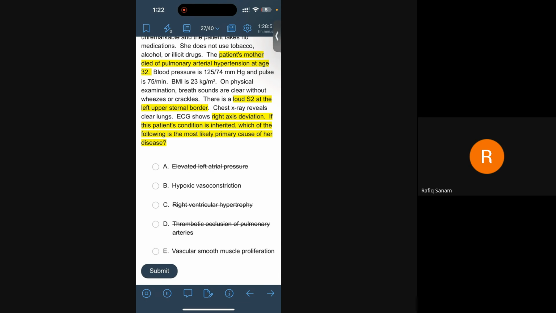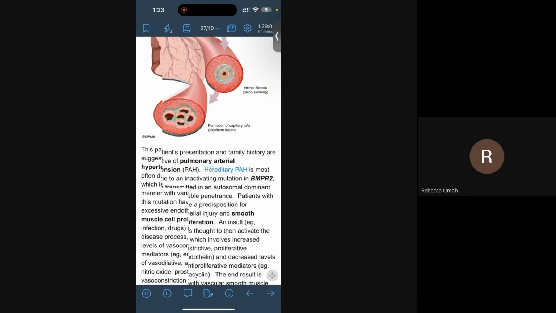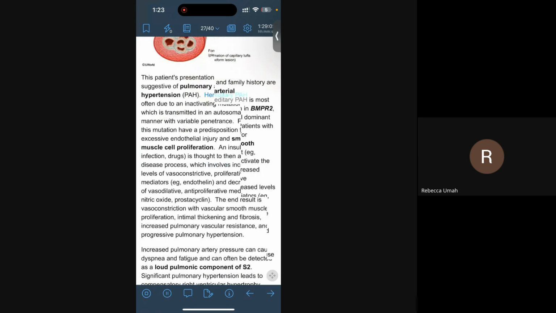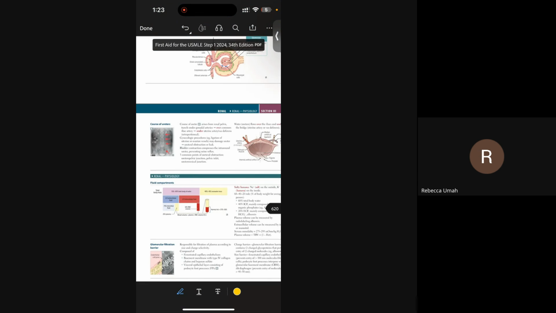B. Vascular smooth muscle proliferation. And what gene is involved? Name of the gene. BMPR2? BMPR2 gene. Yes, which is called vascular smooth muscle proliferation. It is written in the page.